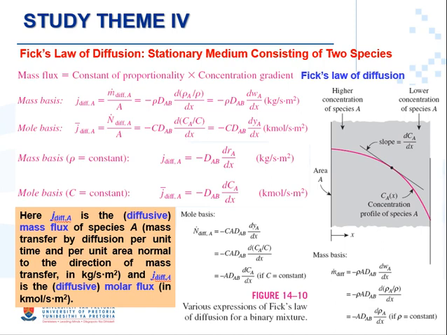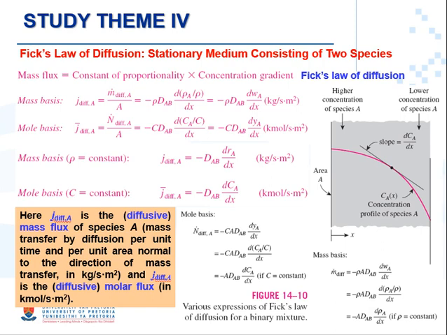So we should talk about how those different ways of expressing concentration will affect Fick's law, and how Fick's law will look. I mentioned earlier that the rate of mass diffusion of a species in a medium in a specified direction is proportional to the local concentration gradient in that direction. Okay, we know it, no problem about it.